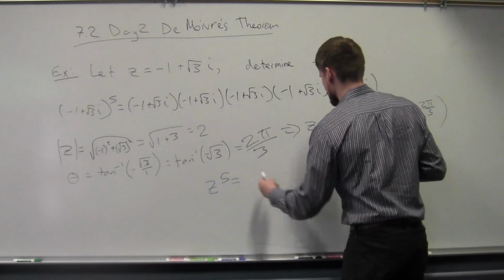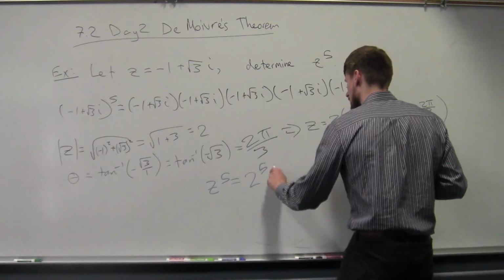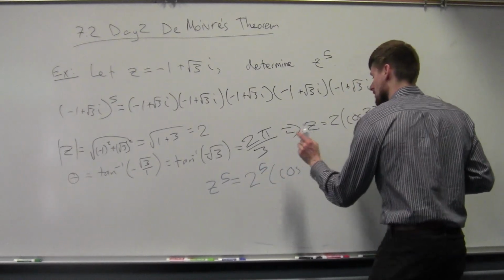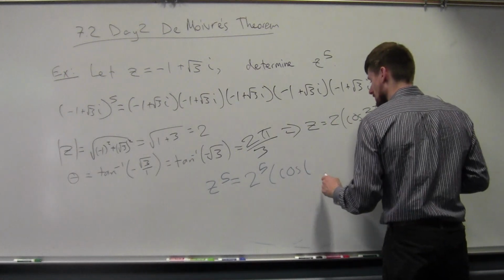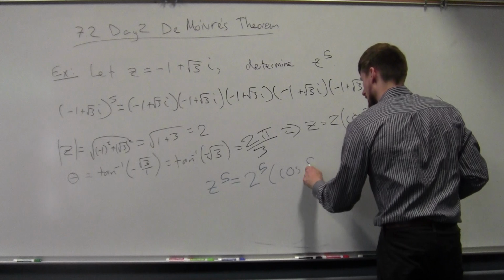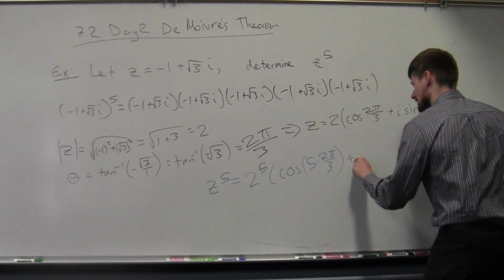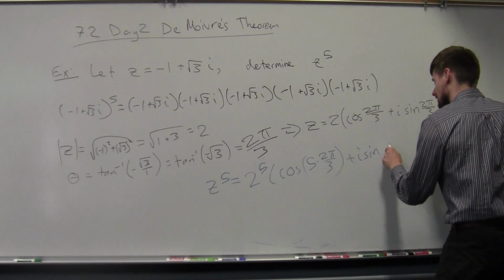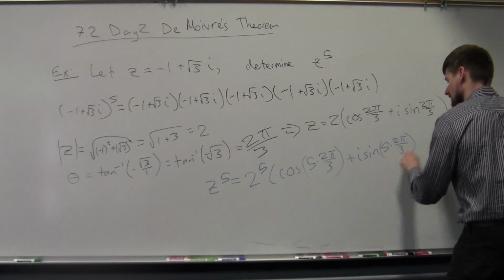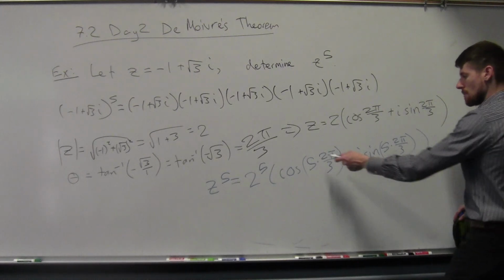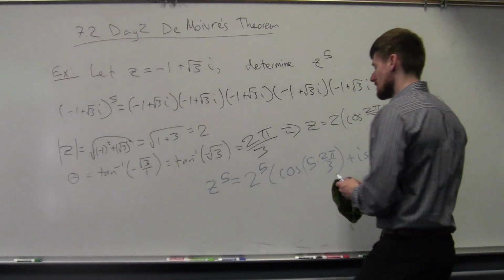So we've got 2 to the 5th power, and then DeMoivre's theorem says we raise 2 to the 5th, and we multiply the angle by 5. So we've got cosine of 5 times 2 pi over 3 plus i sine 5 times 2 pi over 3. And we multiply the 5 and 2 and get 10 pi over 3 for both of these.